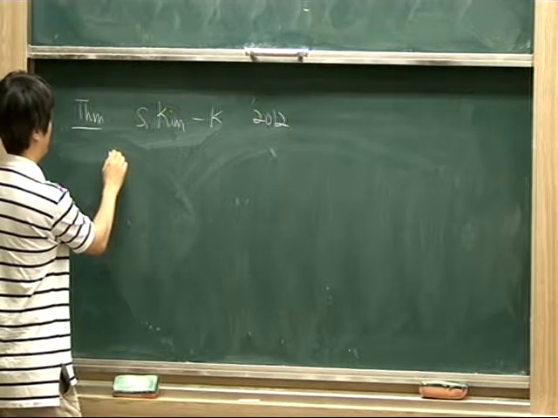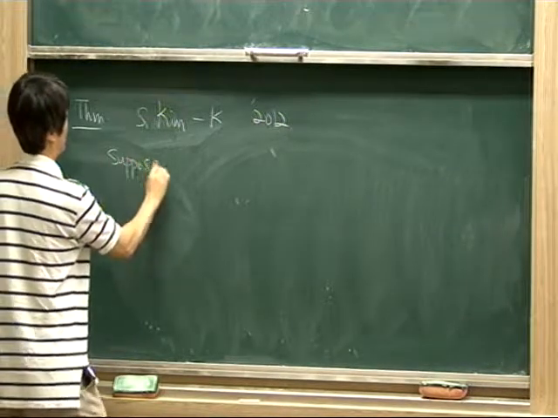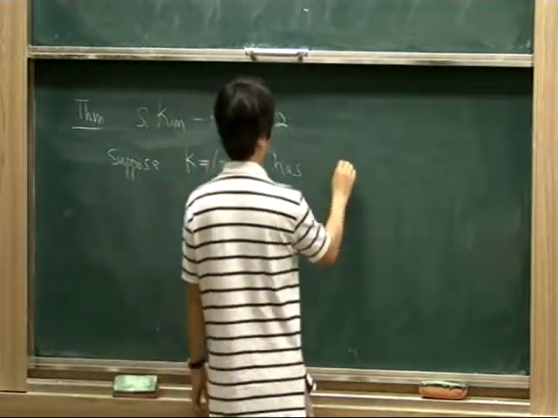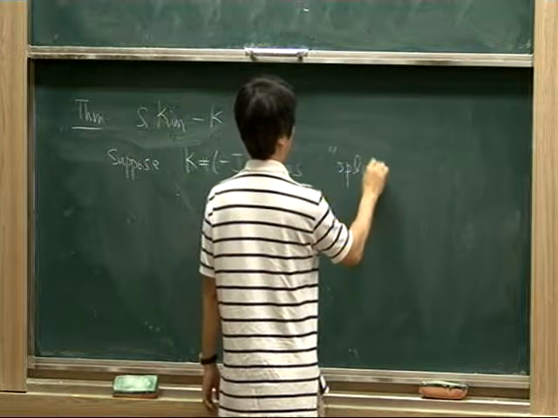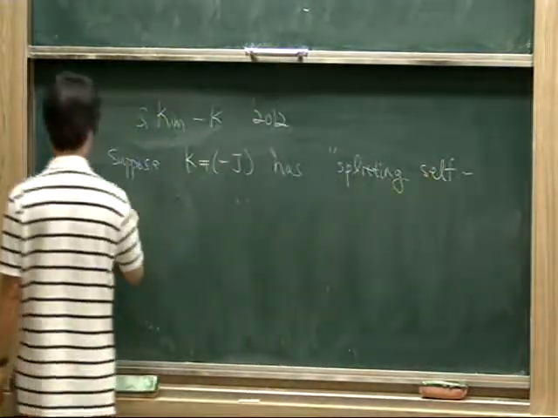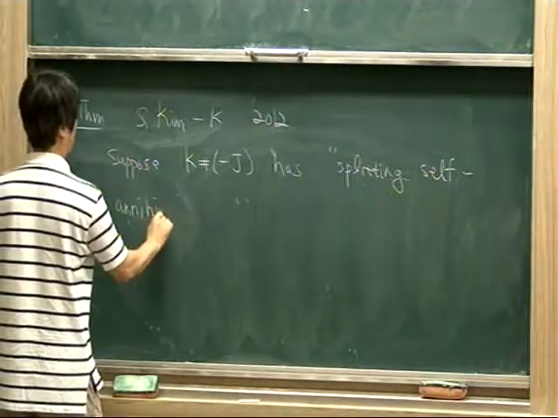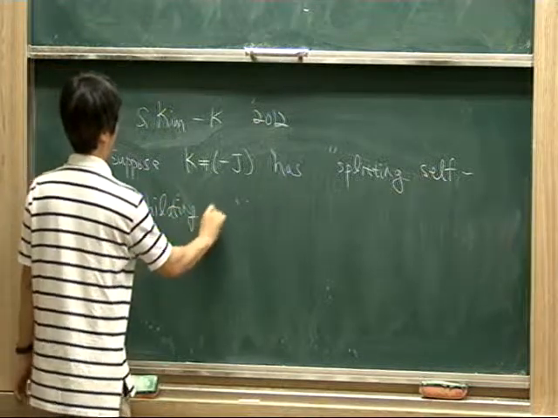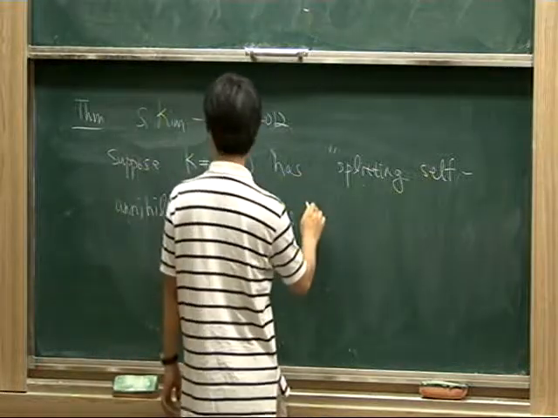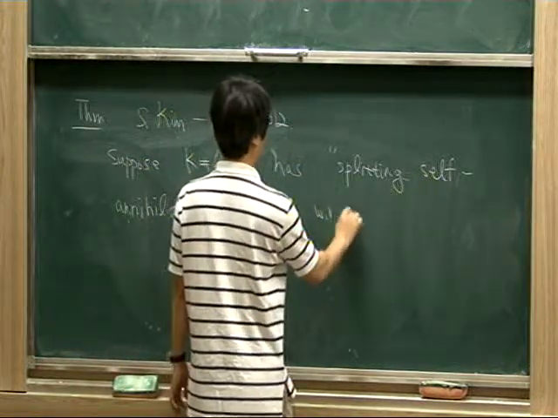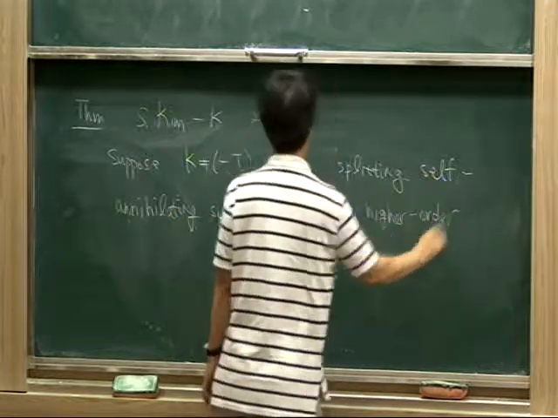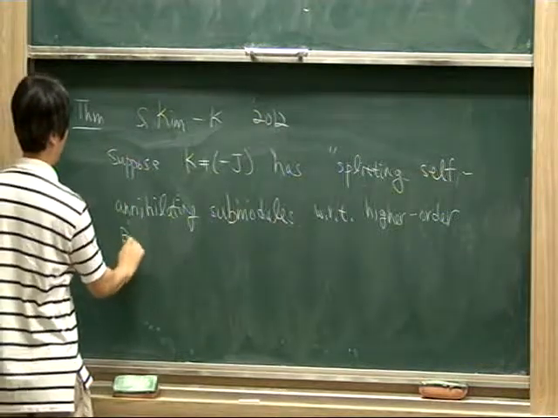So suppose K connected sum minus J has splitting self-annihilating submodules with respect to higher order Blanchfield linking forms.